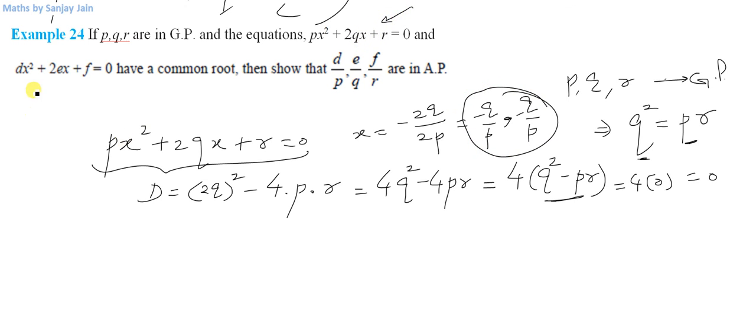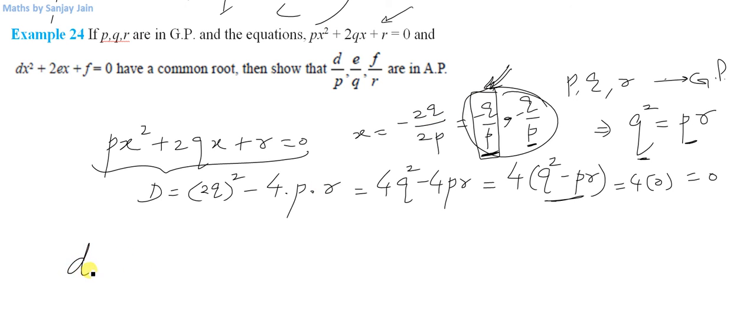And we know that these two quadratic equations have a common root. And this first quadratic has got two equal roots. So this is also a root of the second quadratic that is written here, dx squared plus 2ex plus f equal to 0. So if it is also a root of the second quadratic equation, then it will satisfy that equation.